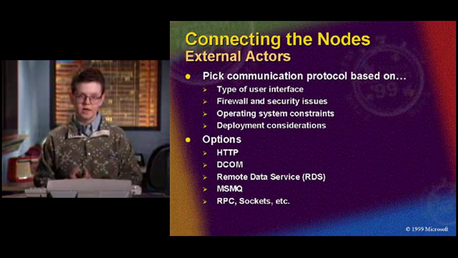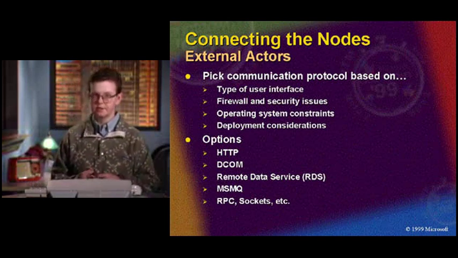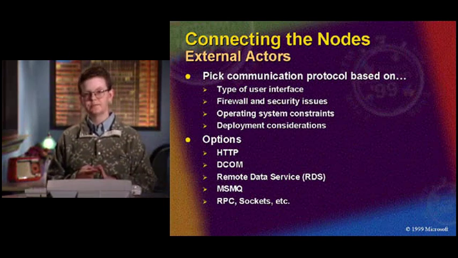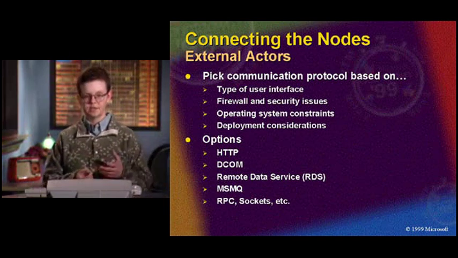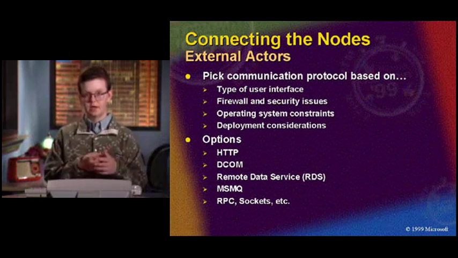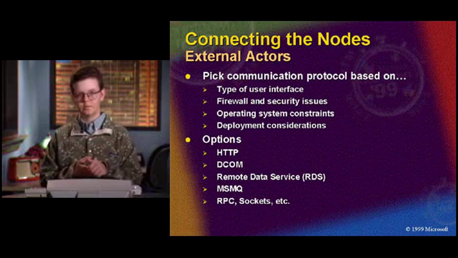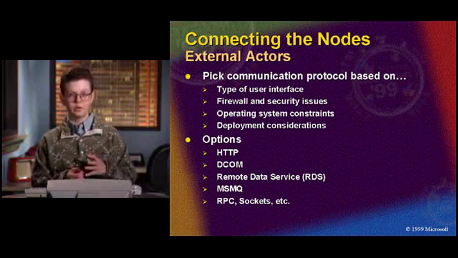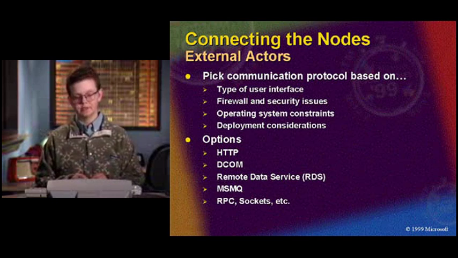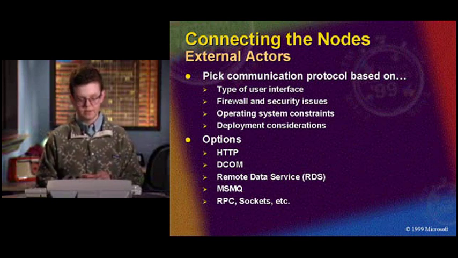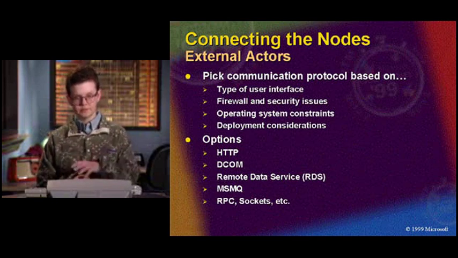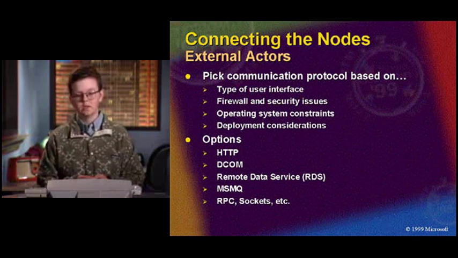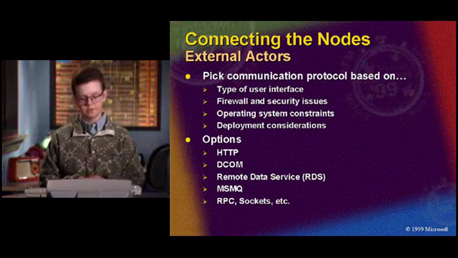Some of the options we have, like I mentioned before, HTTP and DCOM, but you can also look at something called remote data services, which gives you the ability to use either HTTP or DCOM through a COM component, which can give you a nice option for getting access to your business objects and data without having to choose up front either HTTP or DCOM.